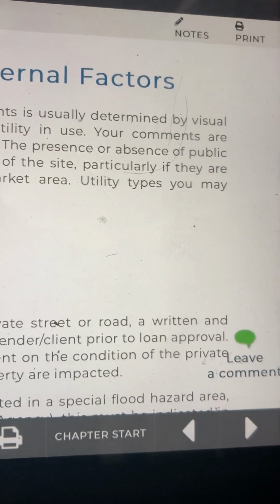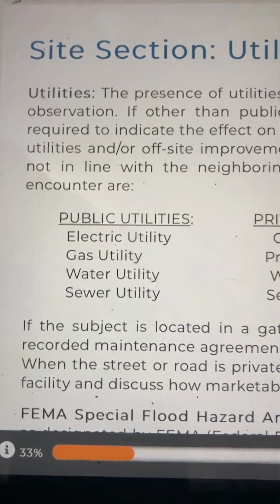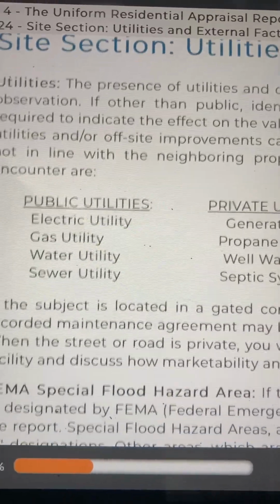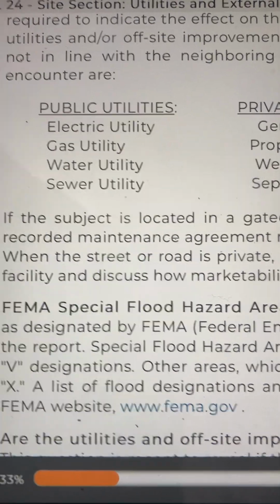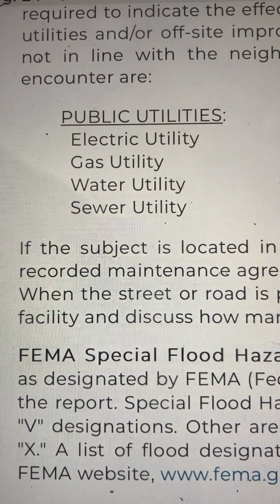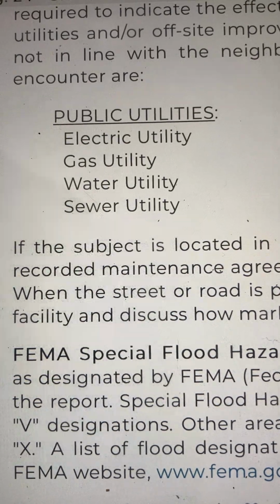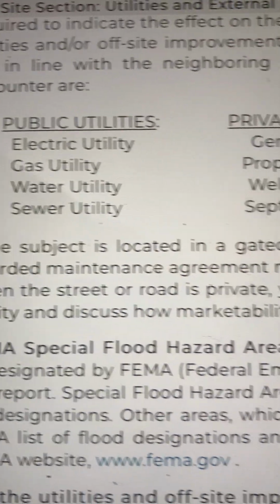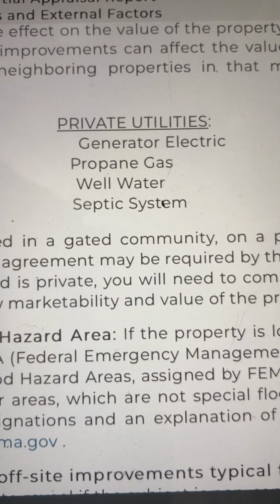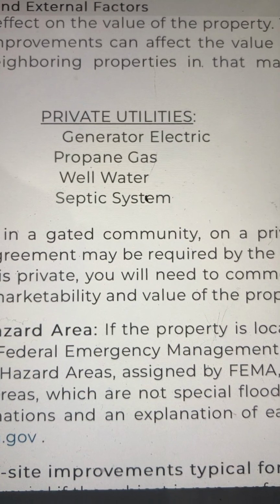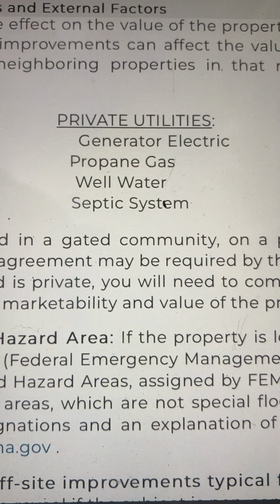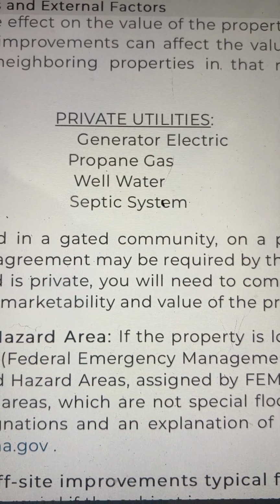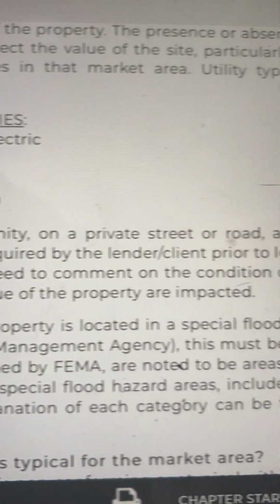Utility types you may encounter are public utilities: electric utility, gas utility, water utility, and sewer utility. Private utilities: generator electric, propane gas, well water, and septic system.